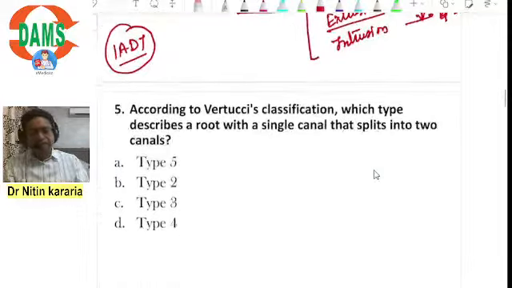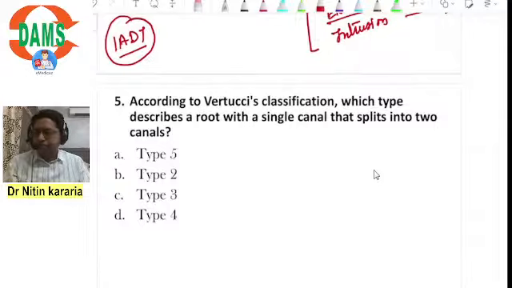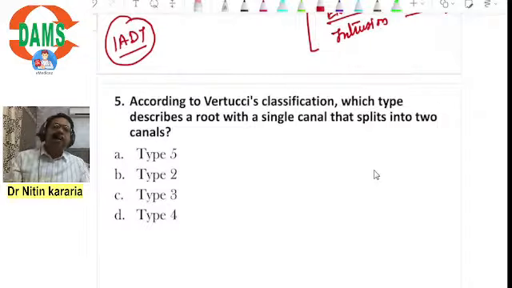Coming over to the next question. According to Vertucci's classification, which type describes a single root with a single canal that splits into 2 canals? Again, a straightforward question, and this Vertucci classification we have seen many times as one of the favorite questions both for your NEET pre-PG examinations as well as for INICET examinations.